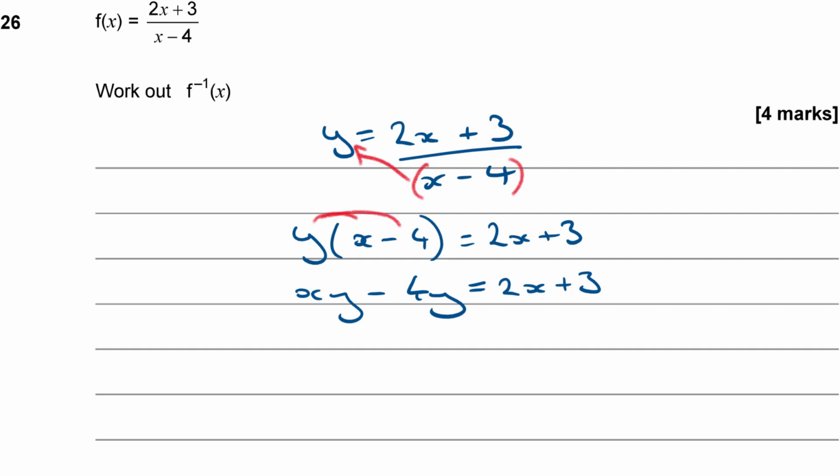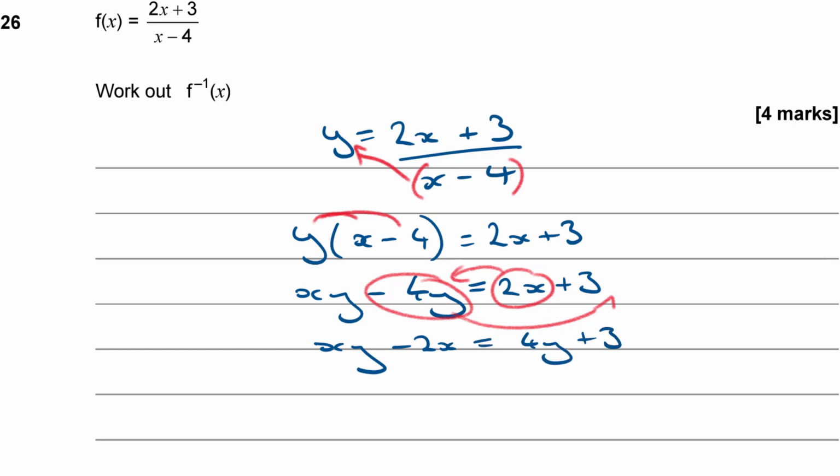What am I trying to do? I'm trying to make x the subject of this formula. So let's move that to this side, move this to this side. I'm going to get xy minus 2x is equal to 4y plus 3.